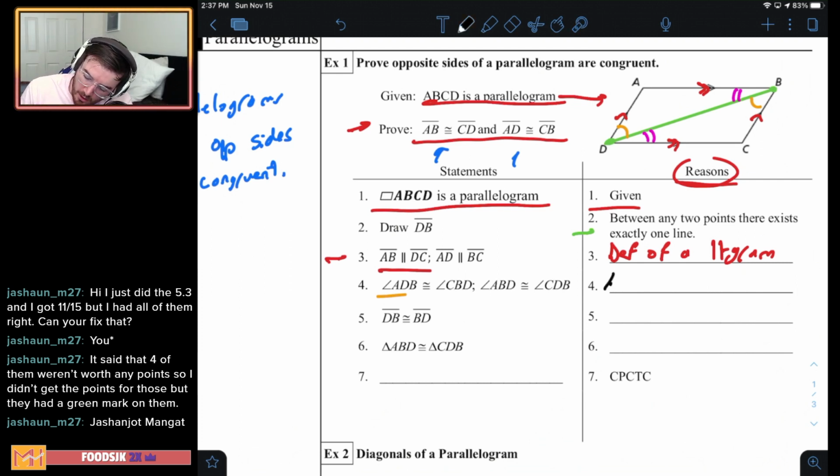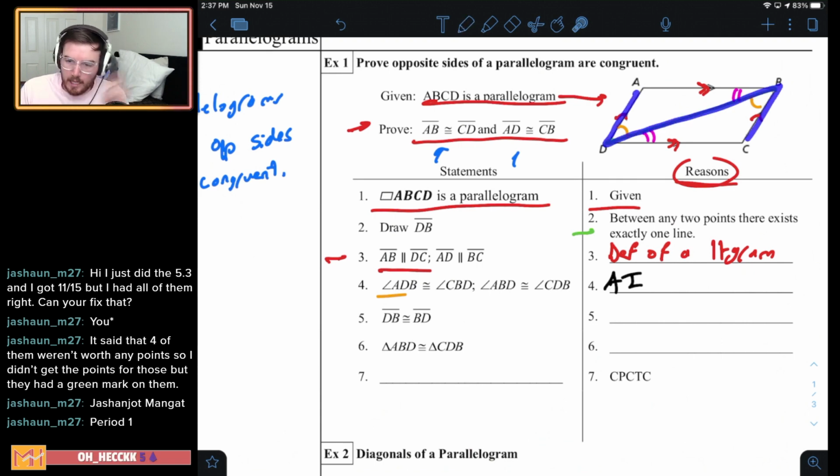So, that's an alternate interior angle. And so are the orange angles, right? We're in between those sides and we're on opposite sides. So they're alternate interior angles. Gotcha. So those are alternate interior angles.